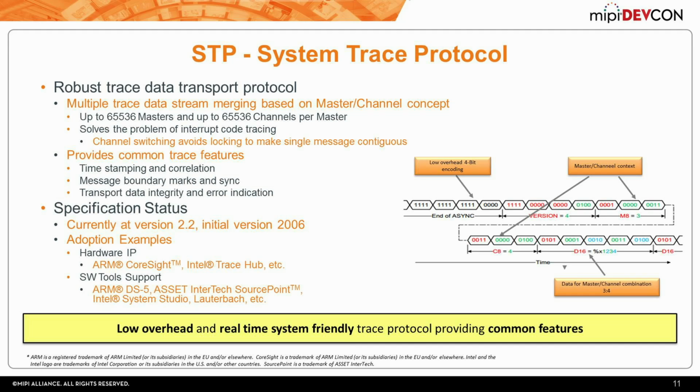It's up to STP to transport this data in different virtual pipes and reconstruct them later on the development host in the correct way. This is similar to the multi-threading support on the software level, but here in a low-level real-time problem domain. So merging data streams is one of the aspects of STP.